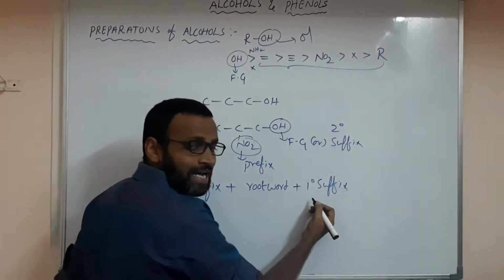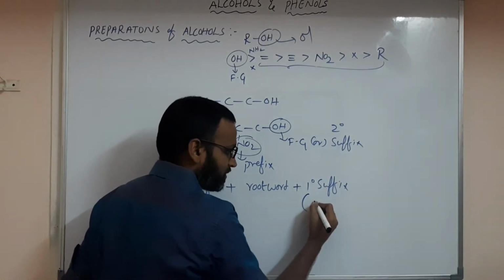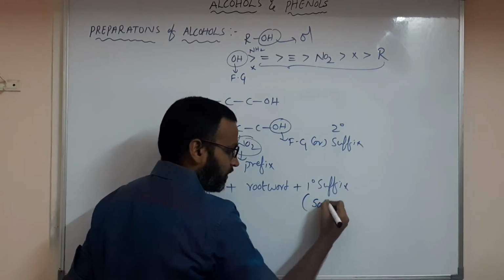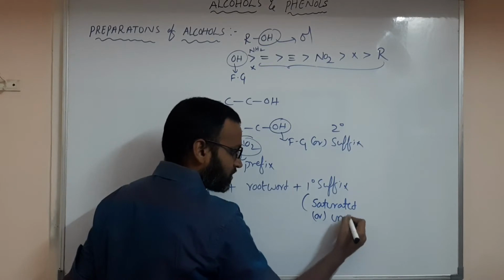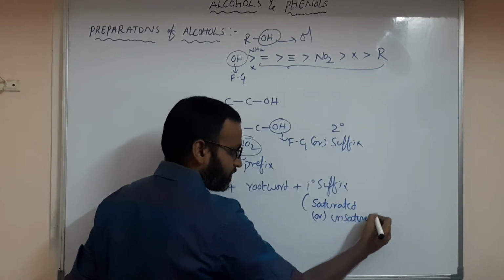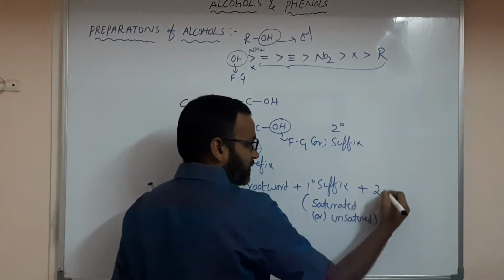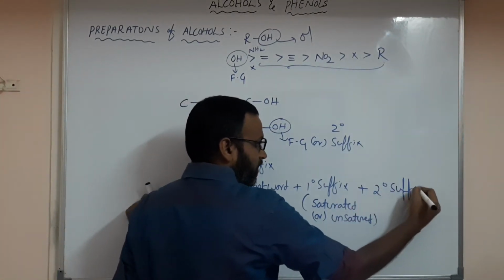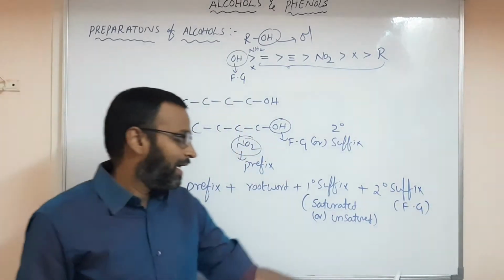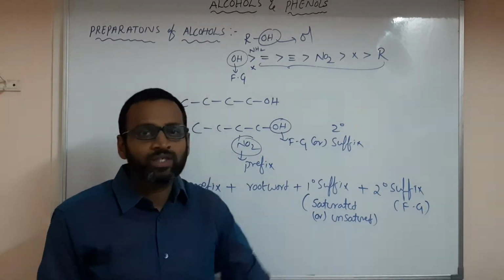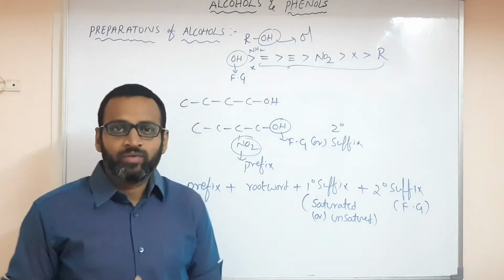It explains the bonding: single bond, double bond, triple bond. Next, secondary suffix will give the functional group information, what kind of functional group it has. That we will understand.